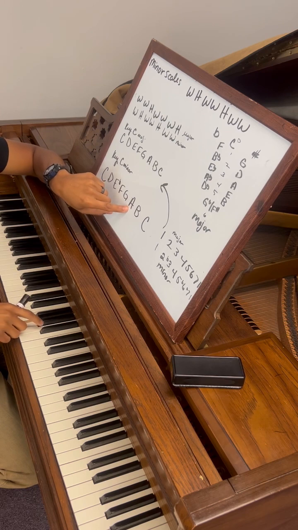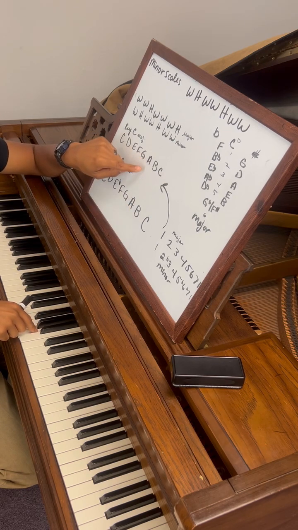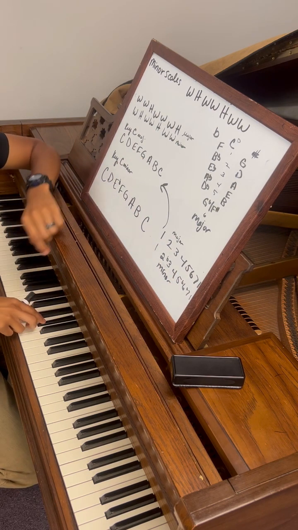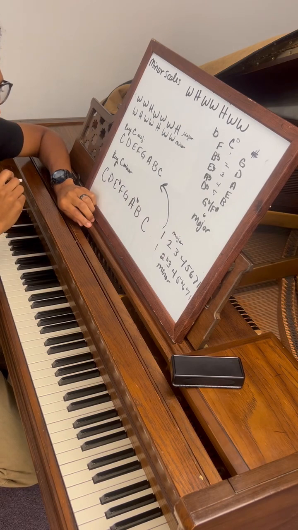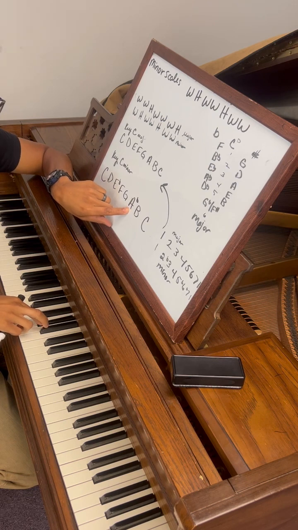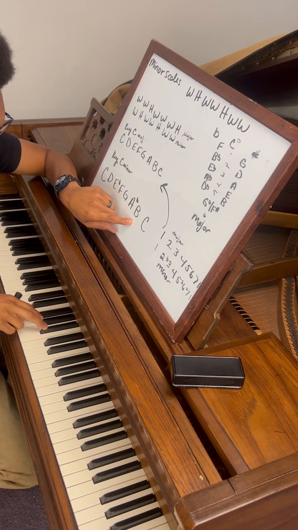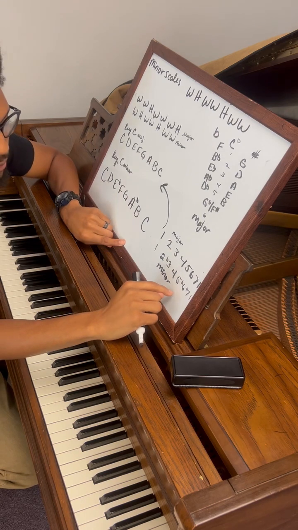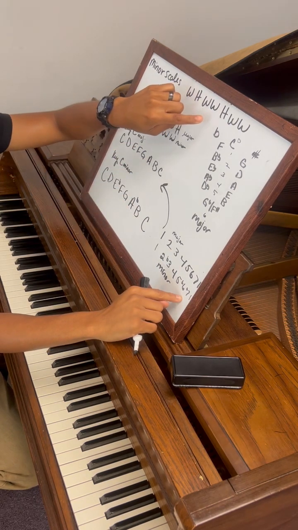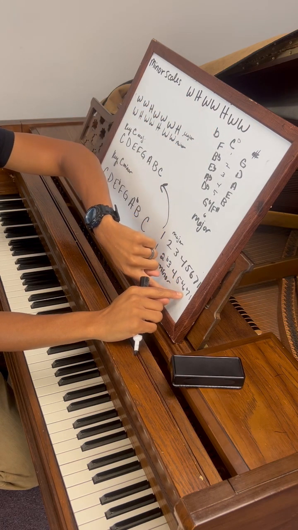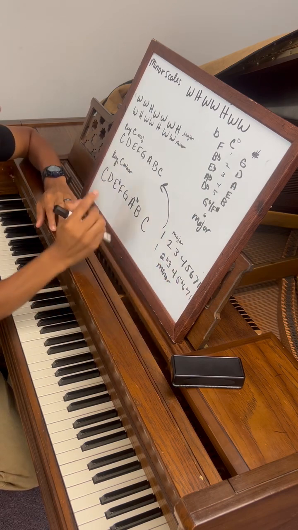G to A looks like the major scale, but we need a flat 6, so I've got to lower that A a half step. So now I've got an A flat, and then I need a whole step after that, A flat to B flat, but A flat to B is not bad. So I go back to my positions and my minor formula, and it says that I need a whole step right there, and that my whole step has to be a flat 7.